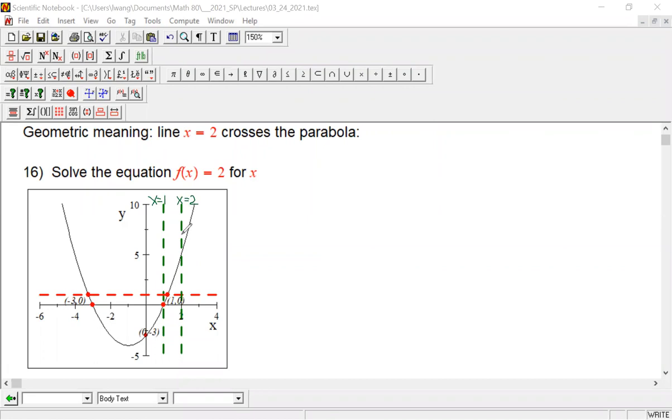And this vertical line x equals 2 crosses the curve at a point right here. And this point is (2, 5). Does everybody follow me? That's the meaning.